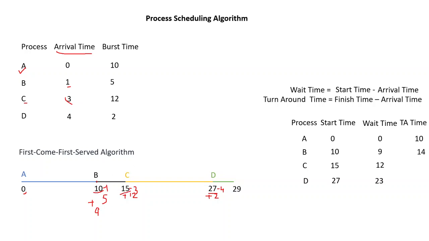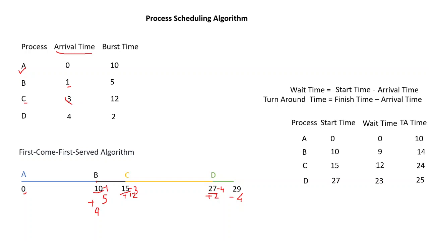So 15 minus 1, that is 14, is the turnaround time for B. C arrived at time point 3, finished at time point 27. So 27 minus 3, that is 24, is the turnaround time of process C. And process D finished at 29, came at time point 4. So 29 minus 4, that is 25, is the turnaround time of D.